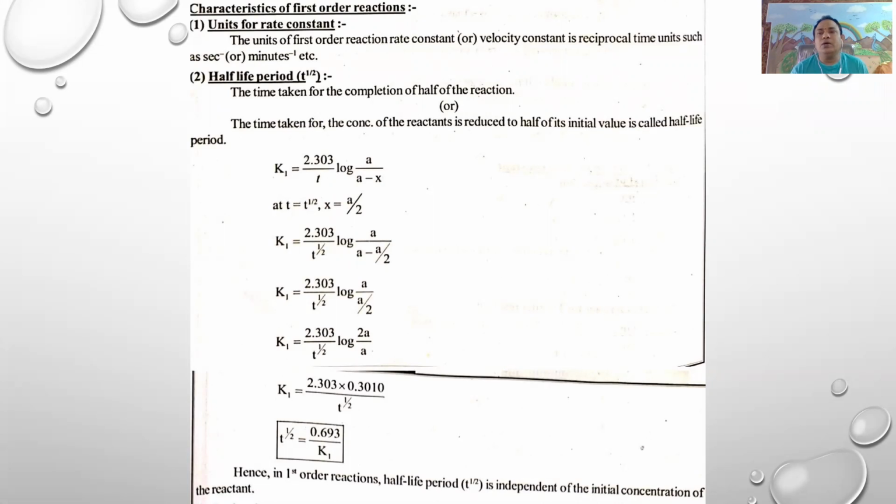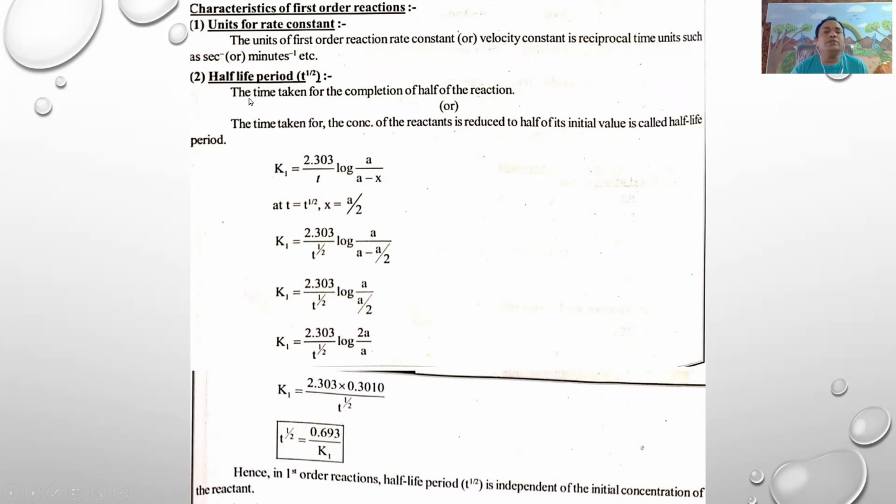From this equation, K1 equals 1 by seconds into moles per liter by moles per liter. That becomes K1 equals mole to the power of 0, liter to the power of 0, second inverse. Therefore, the unit for the first order rate constant or velocity constant is the reciprocal of time units, such as second inverse, minute inverse, or hour inverse, etc.